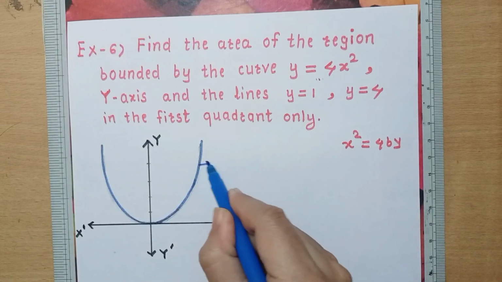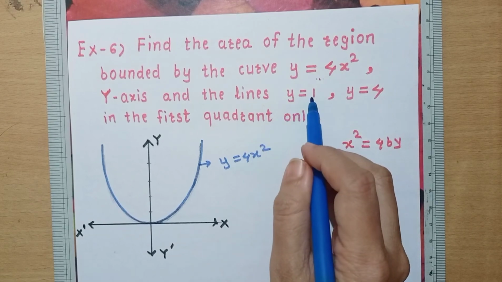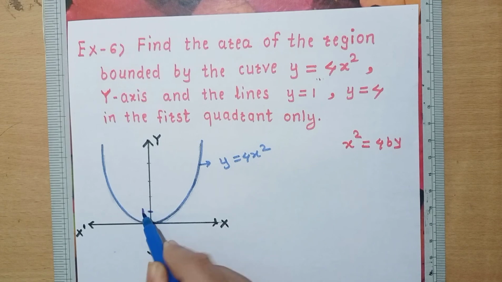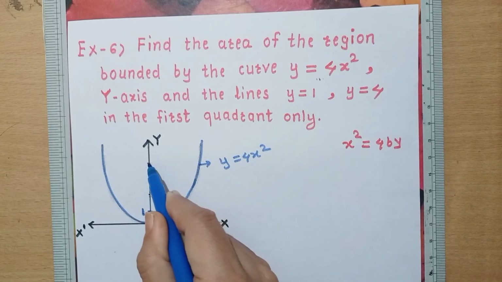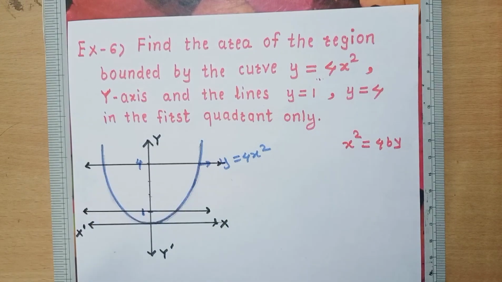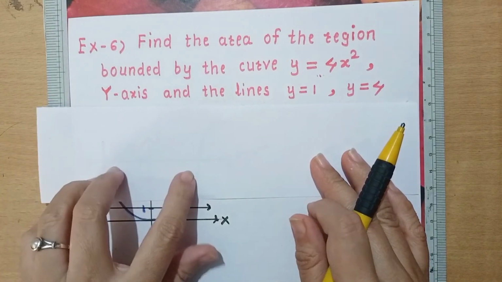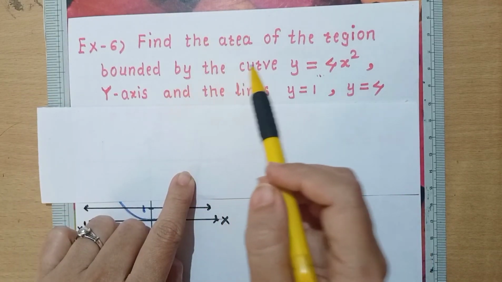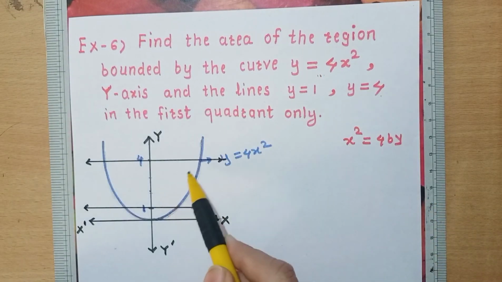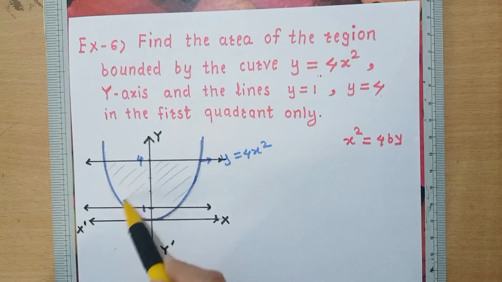This is our parabola, y is equal to 4x square. Now we are given limits on the y-axis, y is equal to 1 to 4. So this is y is equal to 1 and 2, 3, 4. This is 4. We will draw lines passing through this. Now here, if the question was up to this, that means find the area between this curve, the y-axis and these limits, then we would have to find this area also and this area also.